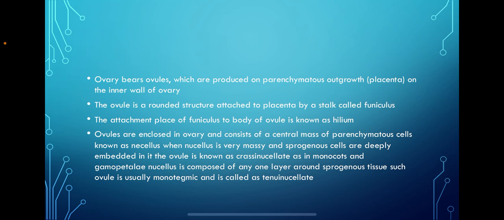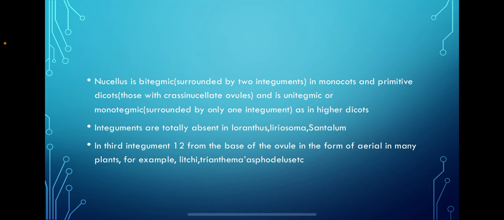When the nucellus is massive and sporogenous cells are deeply embedded in the ovule, it is known as crassinucellate, as in monocots. When the nucellus is composed of only one layer around the sporogenous tissue, the ovule is called tenuinucellate. The ovule is bitegmic, surrounded by two integuments, in monocots and primitive dicots with crassinucellate ovules, and is unitegmic, surrounded by only one integument, as in higher dicots.